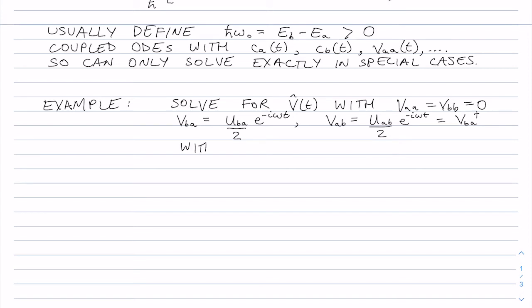We'll have some initial conditions as well, with CA at time t equals 0 being 1. In other words, it's in the ground state because EB is greater than EA. So this is a typical kind of situation. This is, for example, the potential that you would get from a laser with a monochromatic frequency omega.